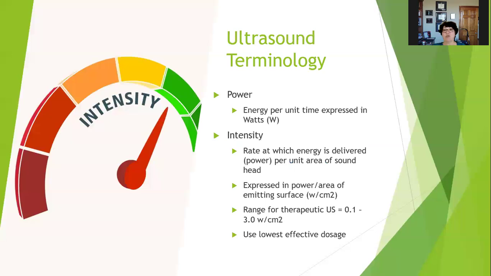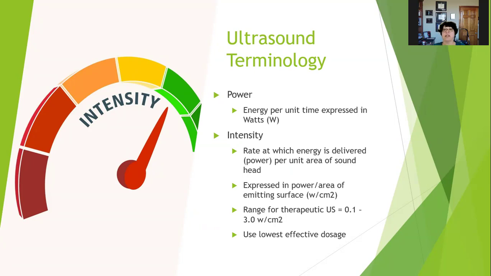So the power, when we refer to power in ultrasound, it's expressed in energy per unit time. So it's expressed in watts. The intensity is the rate at which the energy is delivered per unit area of the sound head. So when we talk about it, we say watts per centimeter squared. So it's the power per the area.